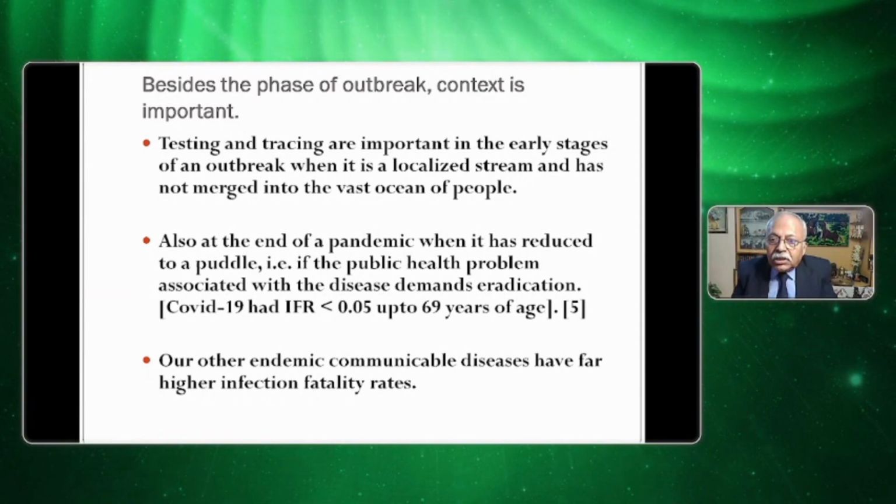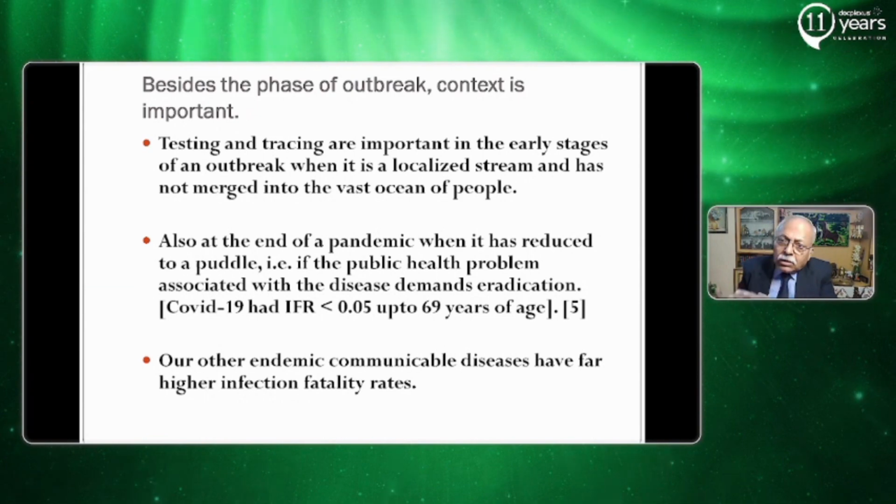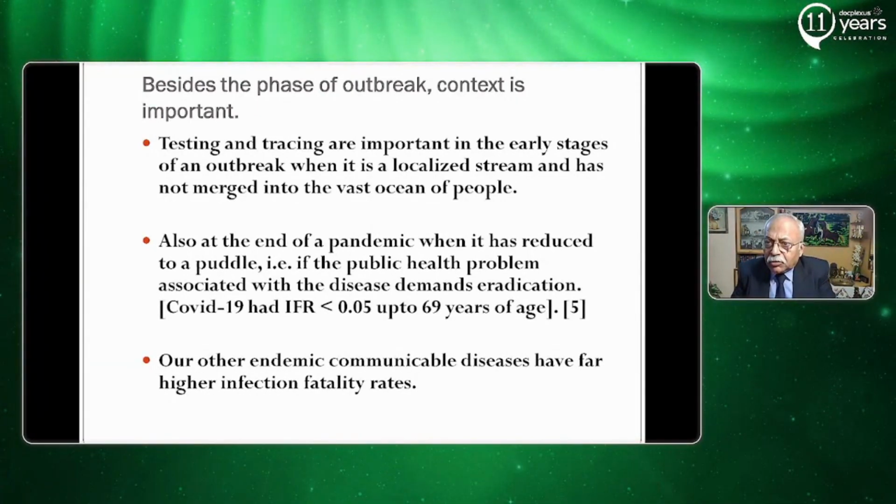The mortality from smallpox was 30%, 40% mortality. Whole civilizations finished due to smallpox epidemics. So with 30-40%, it is worth eradicating. And for COVID, the infection fatality rate up to 69 years of age is 0.05%.